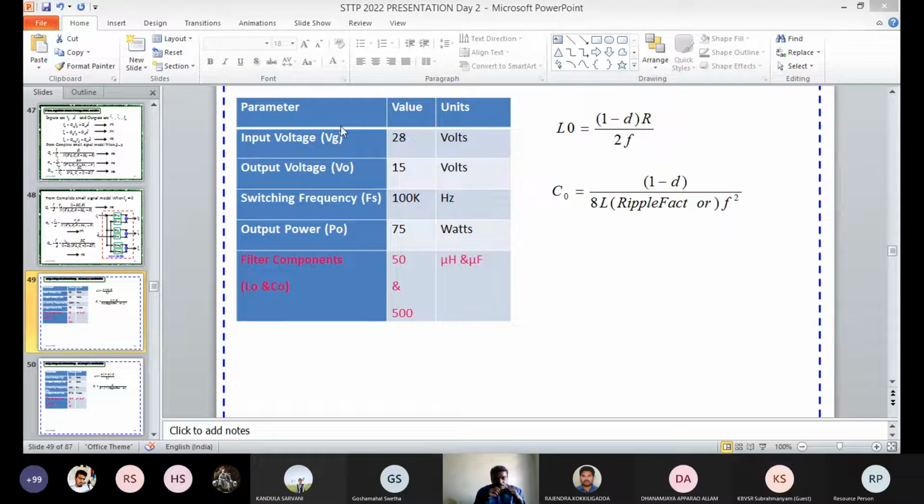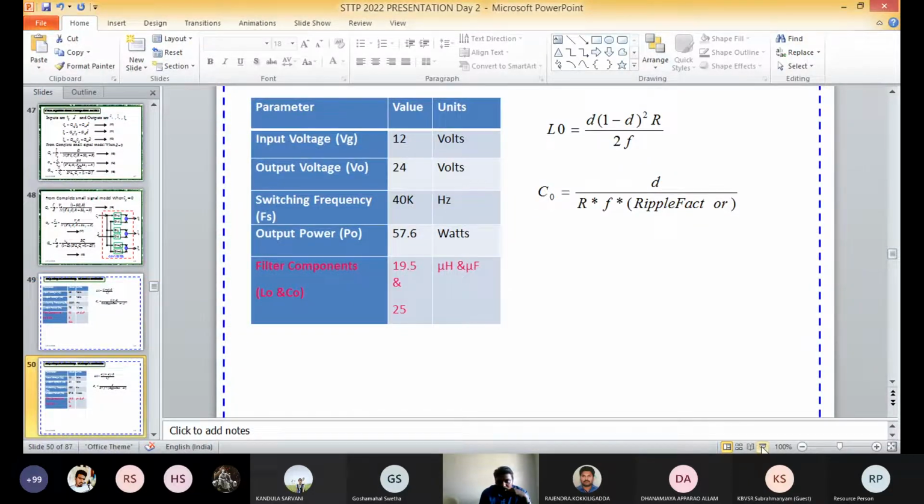In the third stage, we need to select the input and output parameters based upon our available source and the desired output quantities to charge the electric vehicles. So for simple analysis purposes, I am taking these values for the buck converter case, and here I am taking the boost converter example: 12 volts input, 24 volts output, switching frequency 40 kilohertz, and output power 57.6 watts.